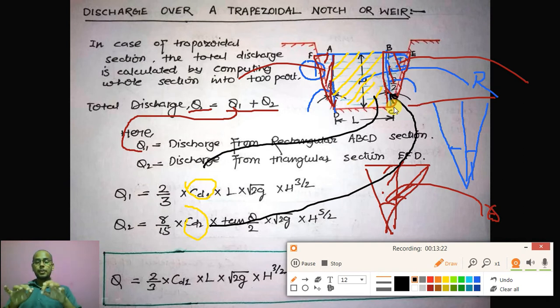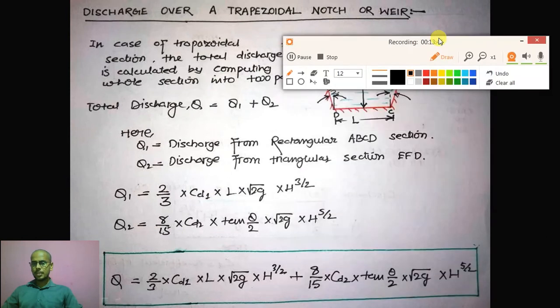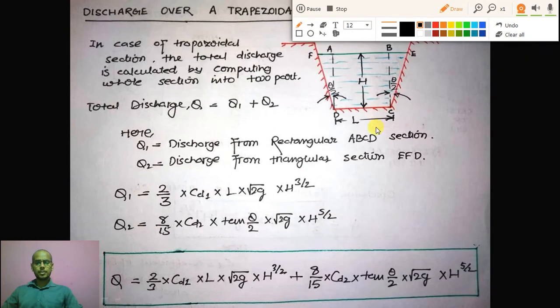If it is given that for the base the discharge constant is x, and for the sloping side the discharge constant is y, then you will have to use x for the rectangular section and y for the triangular section. So this is what we have studied about the trapezoidal section.